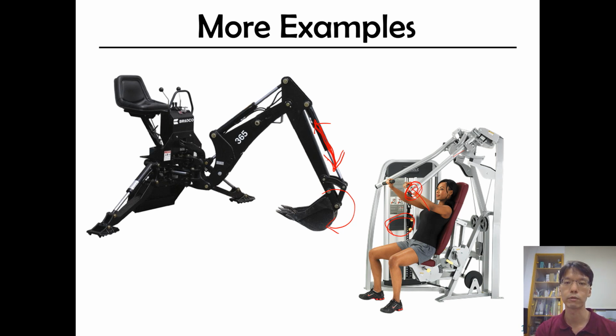So it's also transferring the motion from one type of motion into another type of motion. Although they are both linear motions, the movement may be scaled down or scaled up.